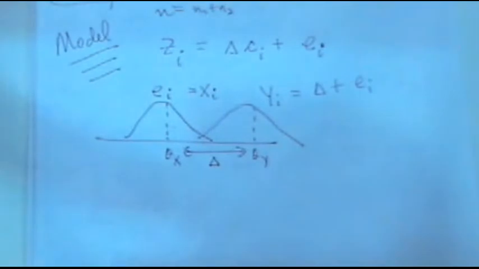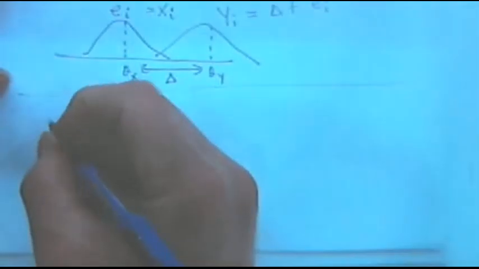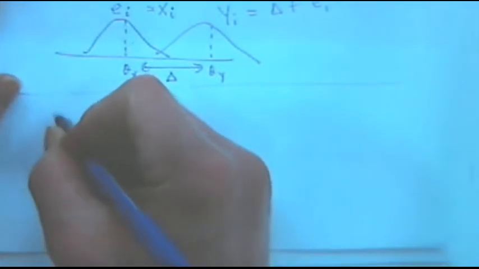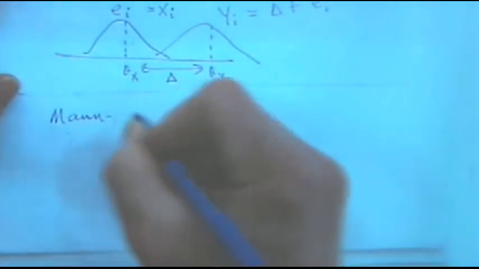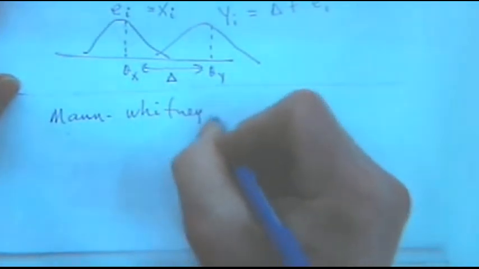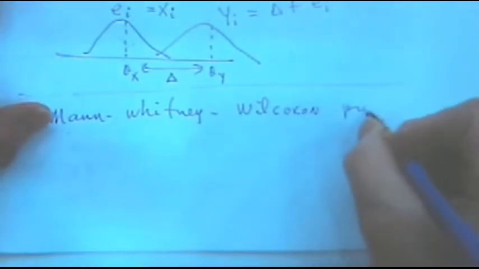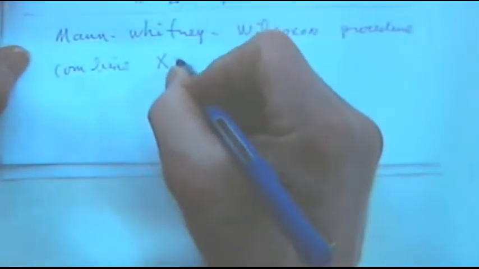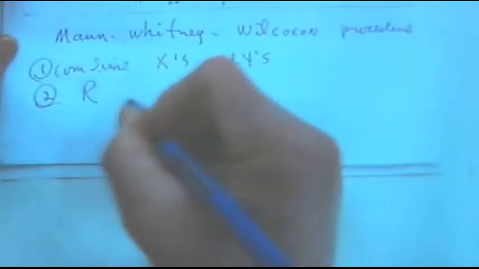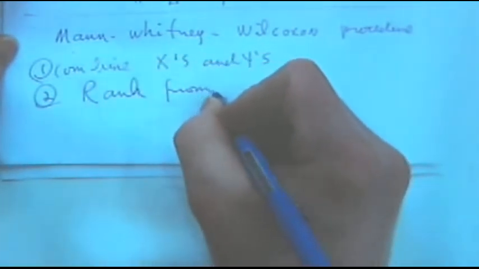In this case, the non-parametric procedure is very simple. You just throw them all together, you rank them from low to high, and then you add up the ranks of the y's. And this is something called Mann-Whitney. We combine the x's and y's, and then rank low to high.